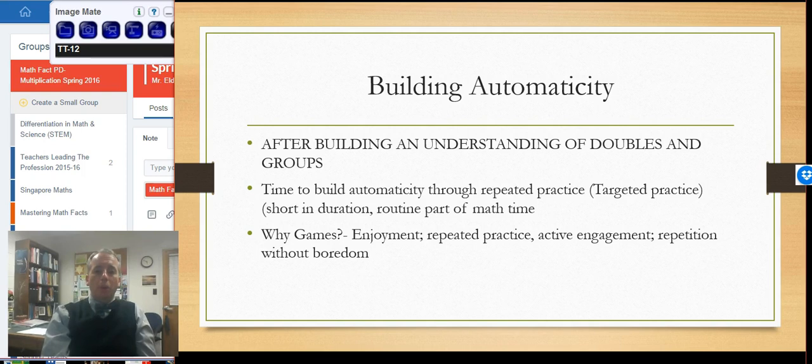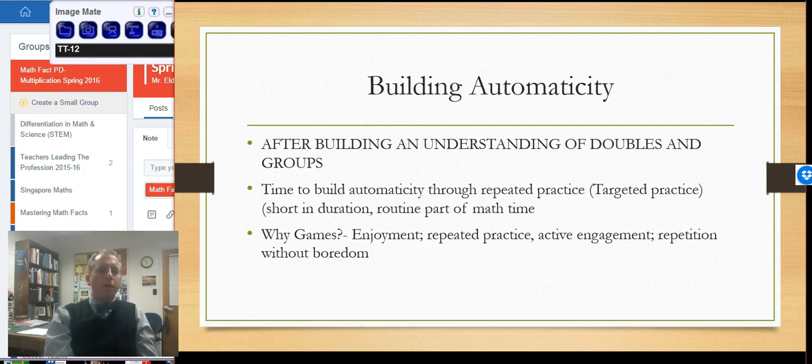Now, once we've reached a point where kids understand the representation of multiplication, I'll say this with the caution that once they understand how to picture it and they can draw these things out, then it's time to start building automaticity.